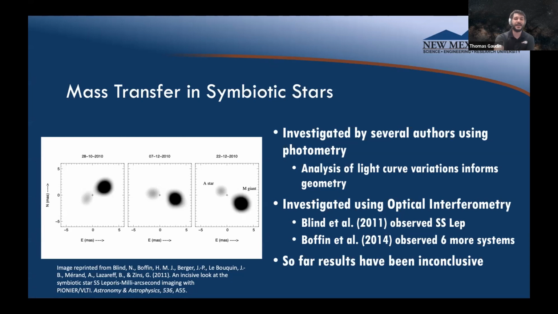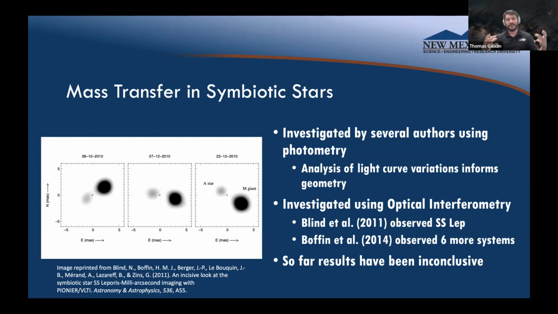As we can see from Blind's observation, there's not very much evidence of that teardrop-shaped structure in the star. Instead, we see a star that's slightly asymmetrical, but clearly underfilling its Roche lobe. Boffin's study found 2 targets were filling their Roche lobe, but an additional 4 were underfilling that Roche lobe. So their results have so far been inconclusive, and open questions were left from both studies about the geometry of each system.